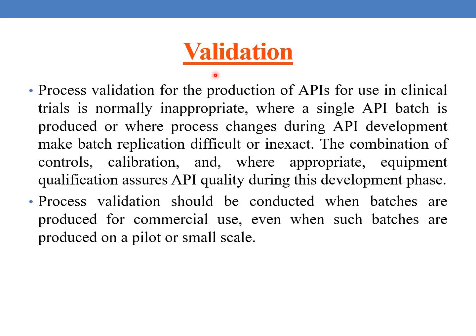Coming to validation. Process validation for the production of APIs for use in clinical trials is normally inappropriate, where a single API batch is produced or where process changes during API development make batch replication difficult or inexact. The combination of controls, calibration, and where appropriate, equipment qualification assures API quality during its developmental stage.